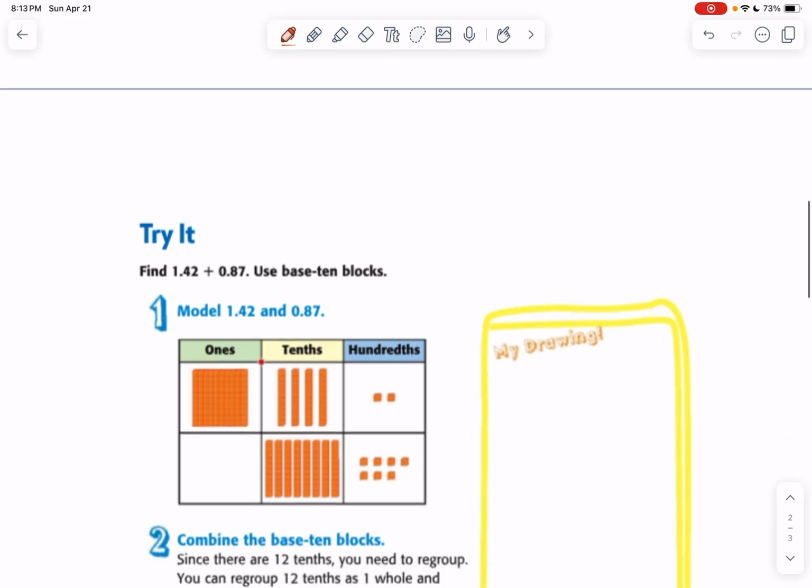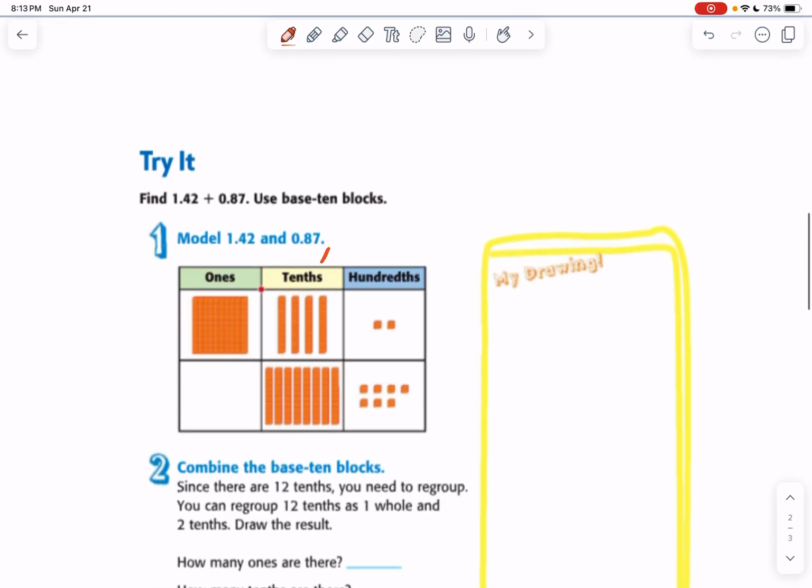Now in our next one, we're going to think about what to do if we have more than 9 tenths. It gets a little funky there, so let's take a look. I'm going to change colors real quick. Here we go. Let's use purple this time. So we're finding 1.42 plus 0.87 using base 10 blocks.